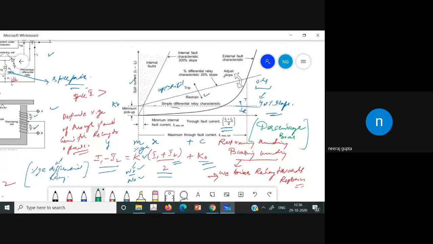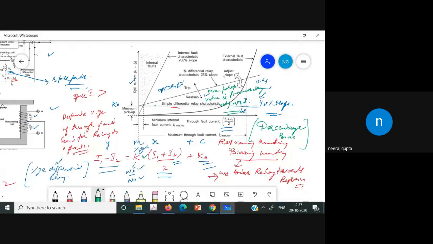The slope, that is N_R divided by N_O, is in our hands. However, the minimum pickup value is automatically adjusted.